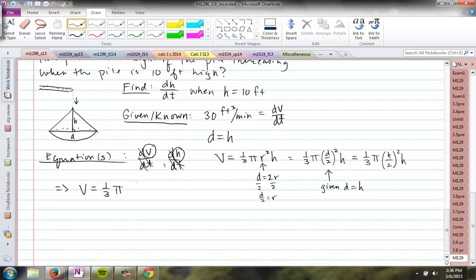Let's just simplify. So we're going to have h squared over 4 times h. Then we're going to have pi over 12 times h cubed. Now we're ready for the derivative step.